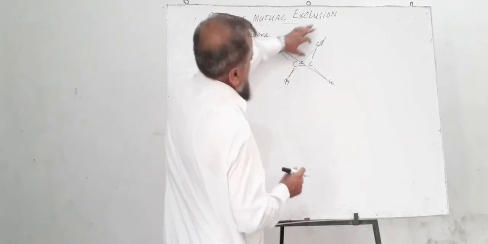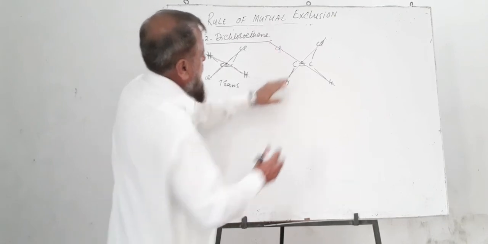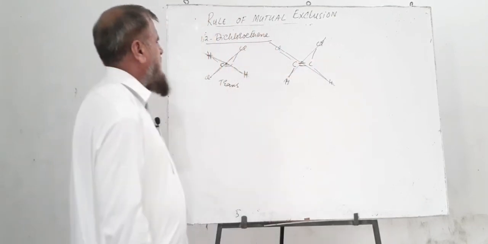The atoms H and Cl are different, so it has no symmetrical arrangement about the carbon-carbon double bond.